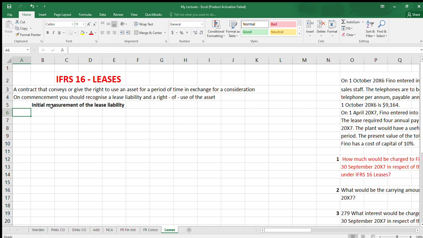The lease liability is initially measured as the present value of lease payments that have not yet been paid.